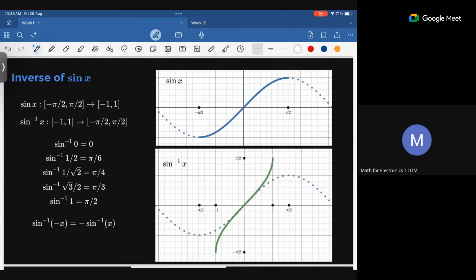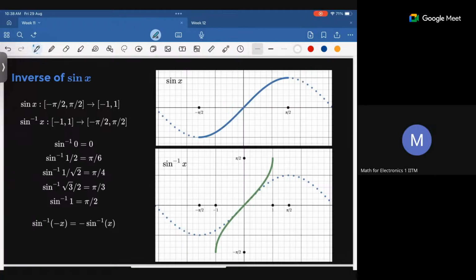And some standard values are: sine inverse of 0 is 0 because sine 0 is 0. Sine inverse of half is π/6. Sine inverse of 1/√2 is π/4, right? Because sine π/4 is 1/√2. Sine inverse of √3/2 is π/3. Sine inverse of 1 is π/2.